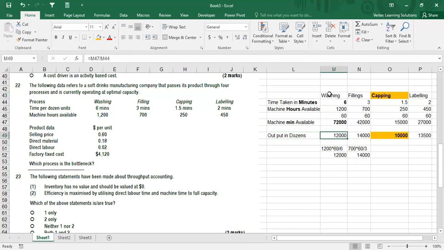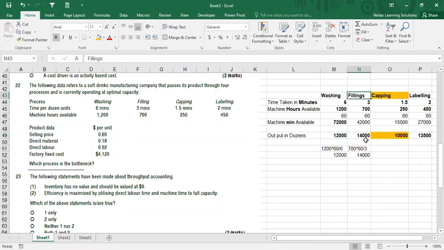washing department. So you have 4 departments, and now you have their capacities. You can say that based on their speed, and based on available time, number of hours or whatever, this is what I can process. My washing department will process 12,000 dozens.